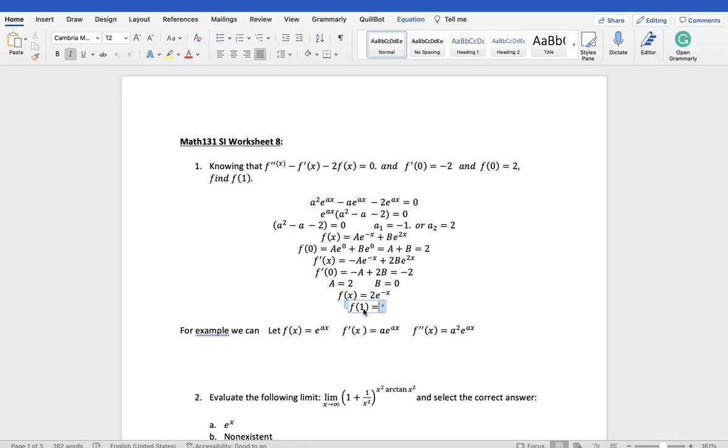Is equal to 2 times e to the minus 1, right? Which should be one of the options that is given in the test, okay? So there you go. Any questions here?